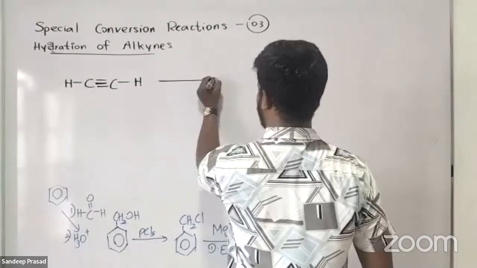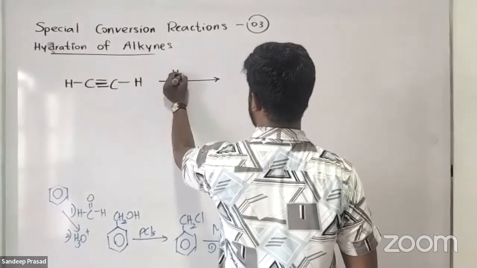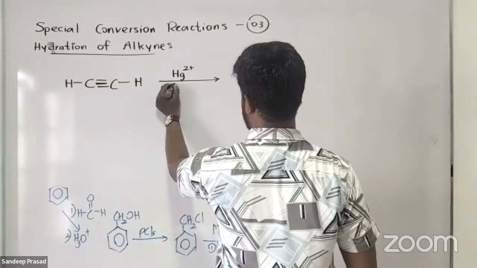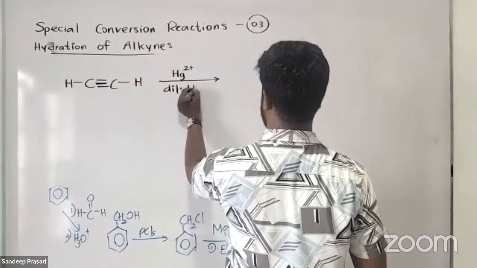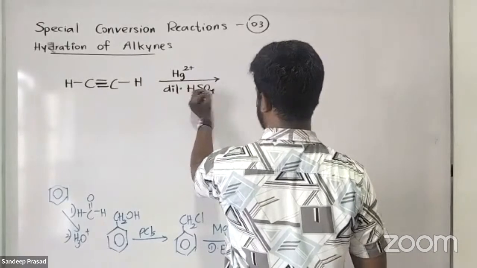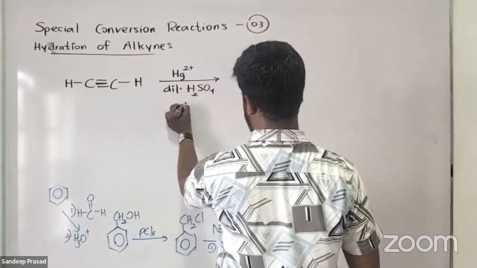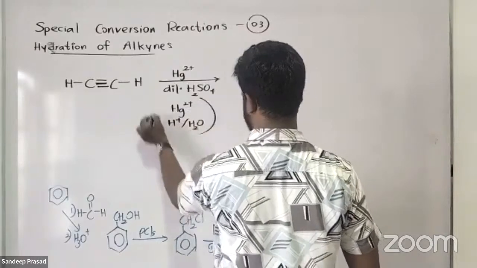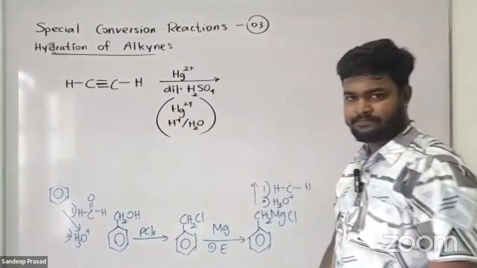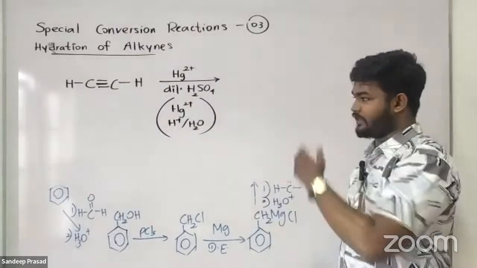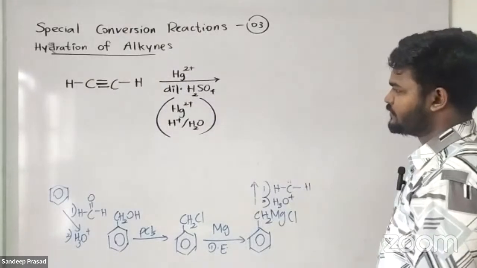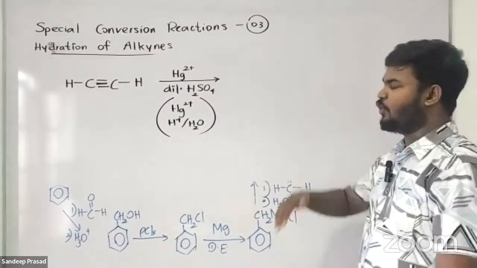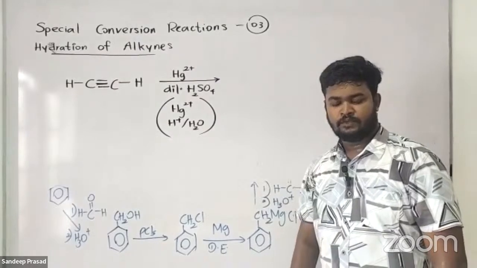The reagents we are adding here are the mercuric cation Hg2+ in the presence of dilute sulfuric acid. Some say this one as Hg2+ and H+, H2O. That is also correct. Both are okay, right? Otherwise, we can use dilute sulfuric acid as well. Hydration of alkyne means the water molecules are adding there.